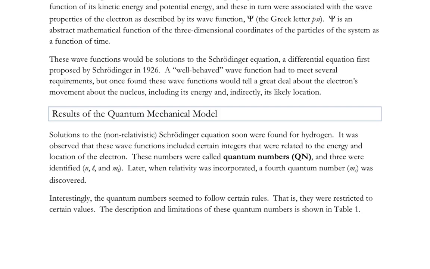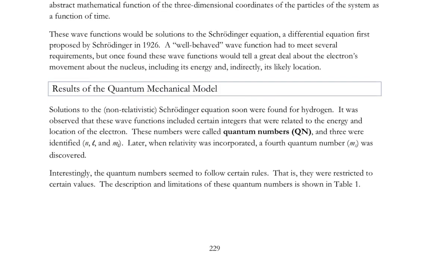Within that Schrödinger equation, these four quantum numbers came out, and they are identified as n, l, and m sub l, and later this fourth one, m sub s, came out. And these are related to the energy, the locations of electrons, the actual electron within an atom.